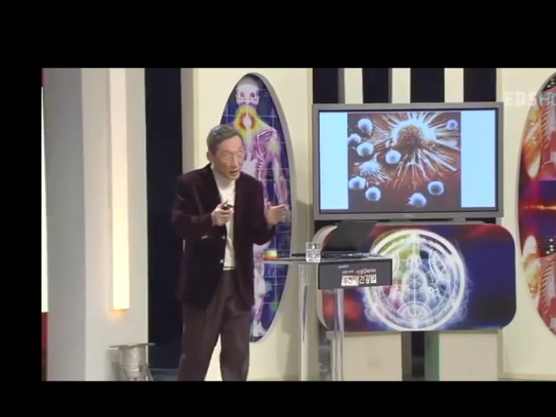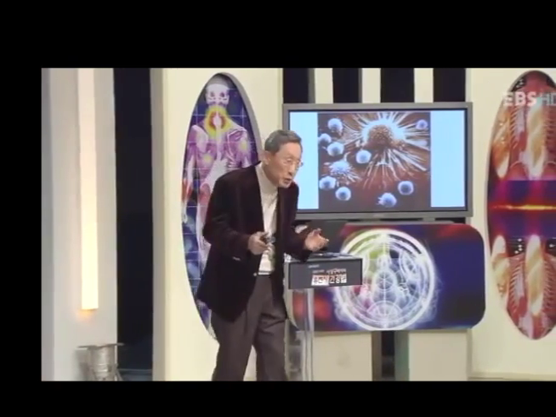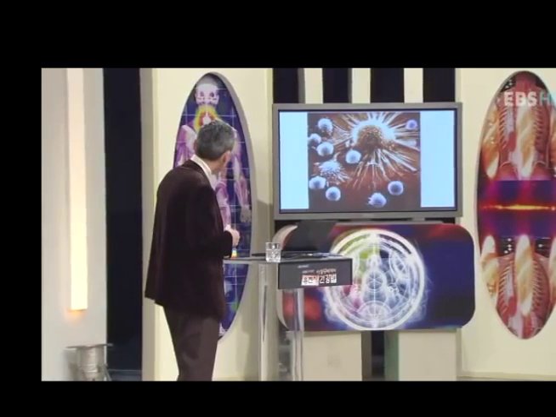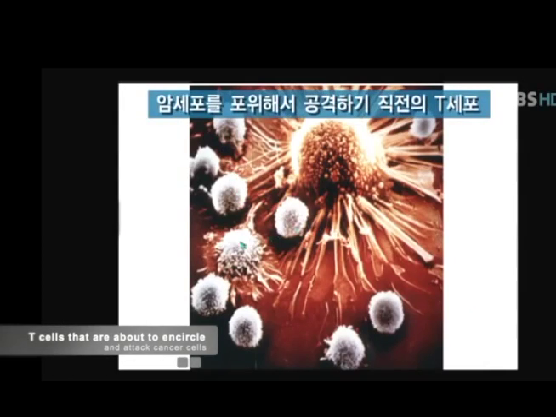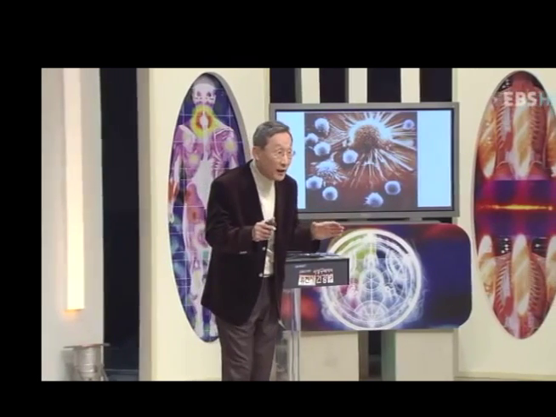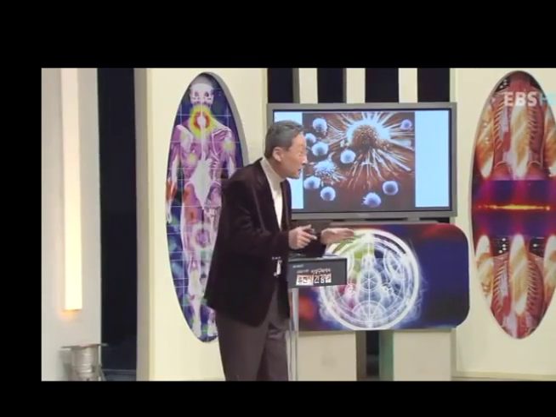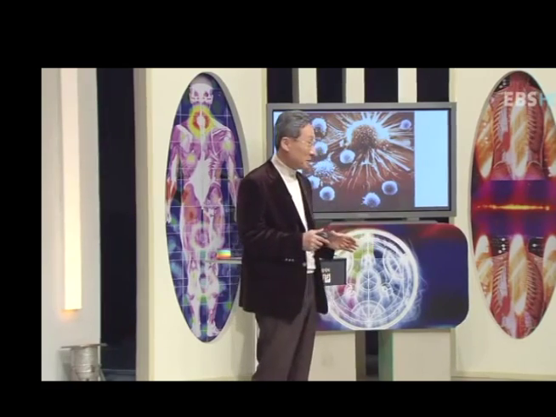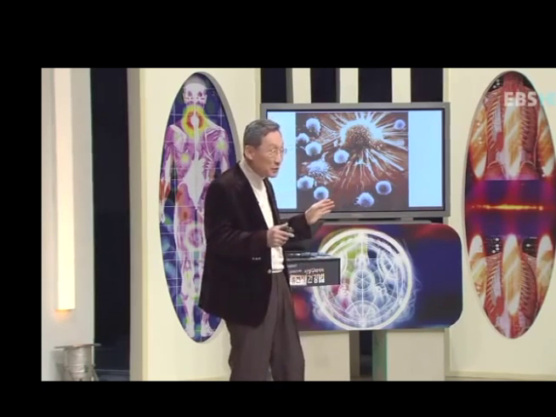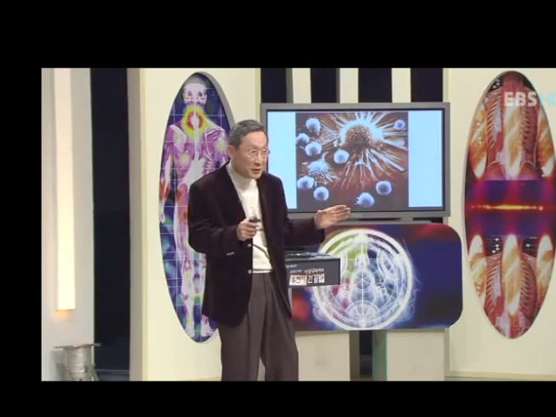Cancer cells occur every day in our human body, no matter whose body it is. The T cells are on the verge of attacking the cancer cells now. While you don't know, cancer cells occur in your body, and while you don't know, the T cells attack the cancer cells and kill them.